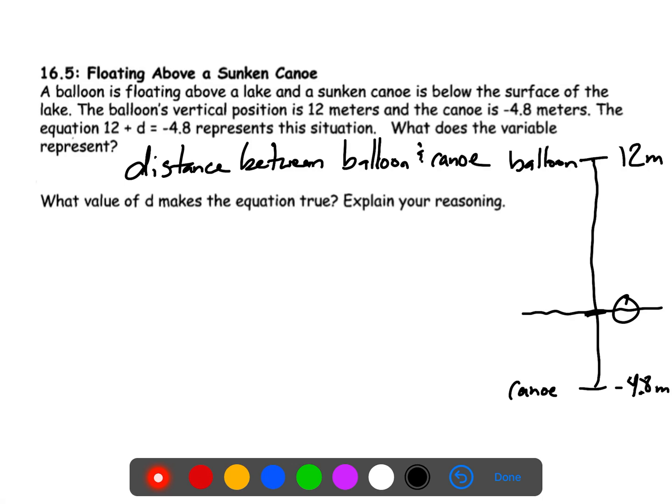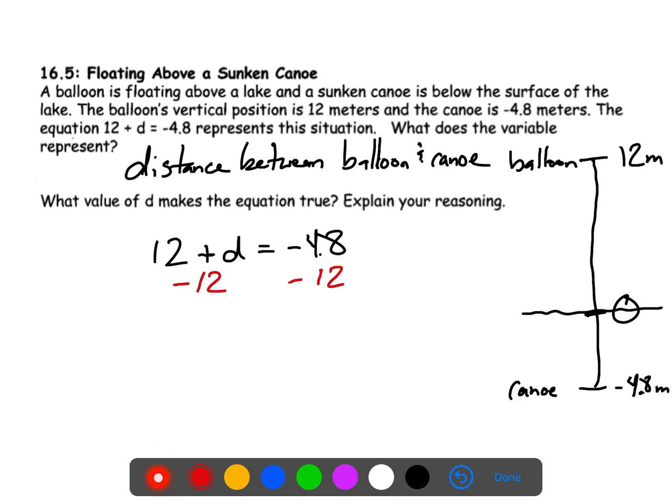Then it wants the value of D to make the equation true. Well, we could solve it. Let's solve that equation. So I'm going to use my inverse operation. We're using addition in the equation. The inverse of addition is subtraction. So instead of adding 12, I need to subtract 12 from both sides.